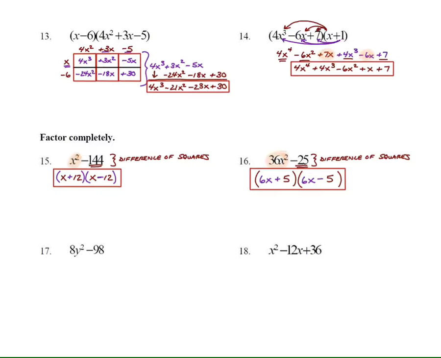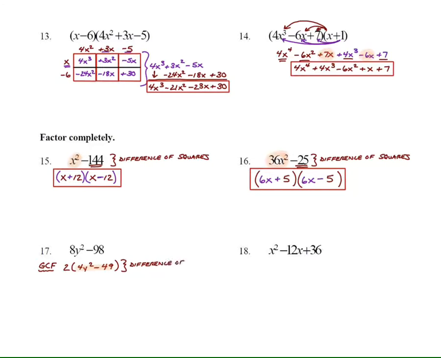Now 17, on the surface, doesn't look like the difference of two squares, but again, I first should check for greatest common factor. So 8y squared and 98, the factor that they have in common is actually a 2. So if I factored a 2 out, I would get 4y squared minus 49. And then if you look at that resulting binomial we have, that is a difference of two squares.